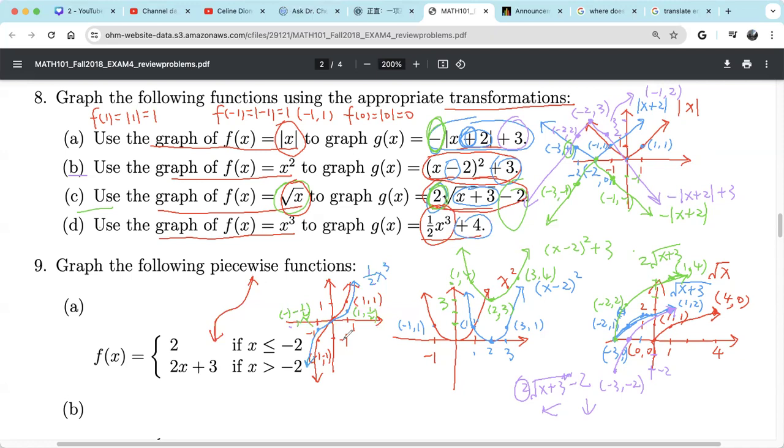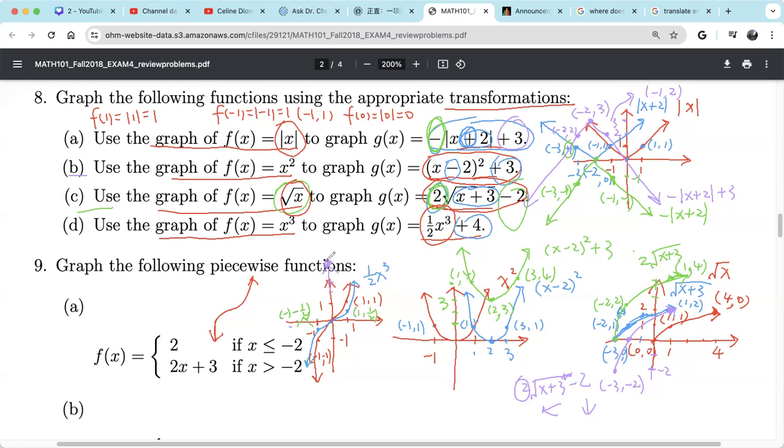Now we want to add 4 to the y value. Let me change it to purple color. So let's do the origin one first. 0, 0: the second 0 plus 4 is 4. So 0, 4.